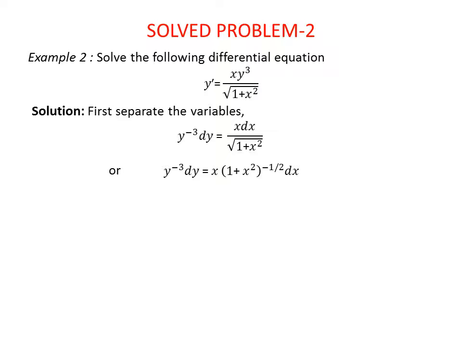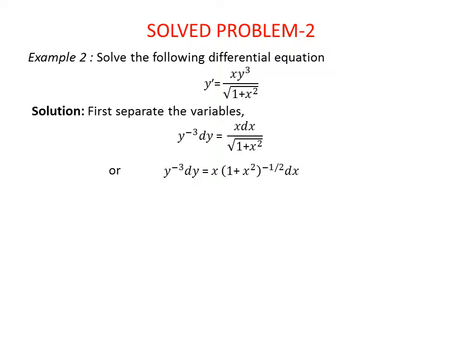Or this can be written as y to the power minus 3 dy is equal to x times 1 plus x square whole to the power minus half dx. Now why do we do this step here? Because if we take it in the numerator, then we have x times 1 plus x square to the power minus half.